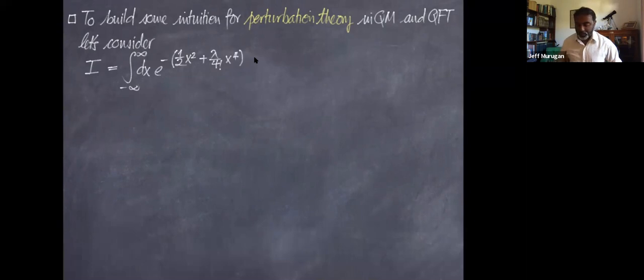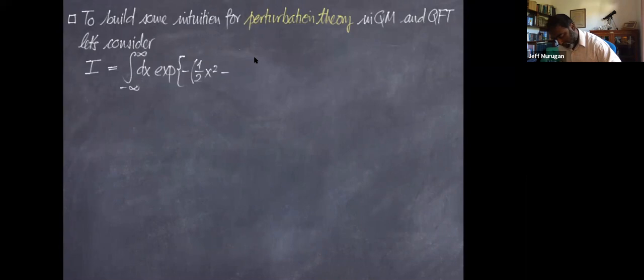Let me write it as the exponential of minus, a half x squared plus lambda over 4 factorial x to the 4.